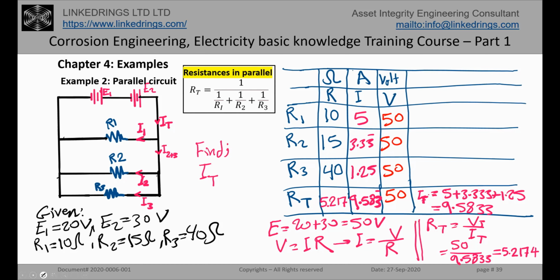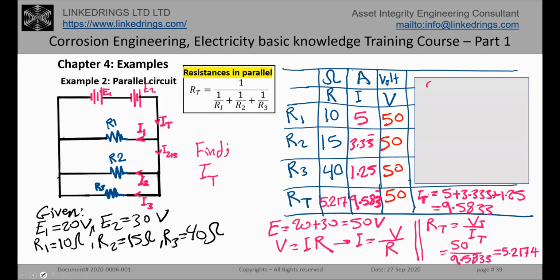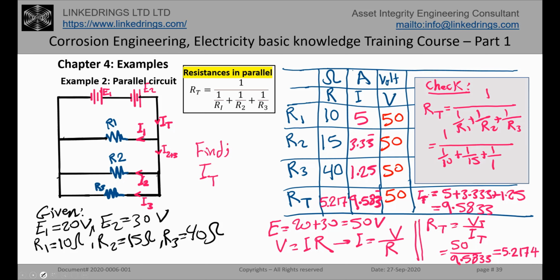So R total, let's calculate it, equals 1 divided by the reciprocal of R1 plus the reciprocal of R2 plus the reciprocal of R3: 1 divided by 1 over 10 plus 1 over 15 plus 1 over 40.